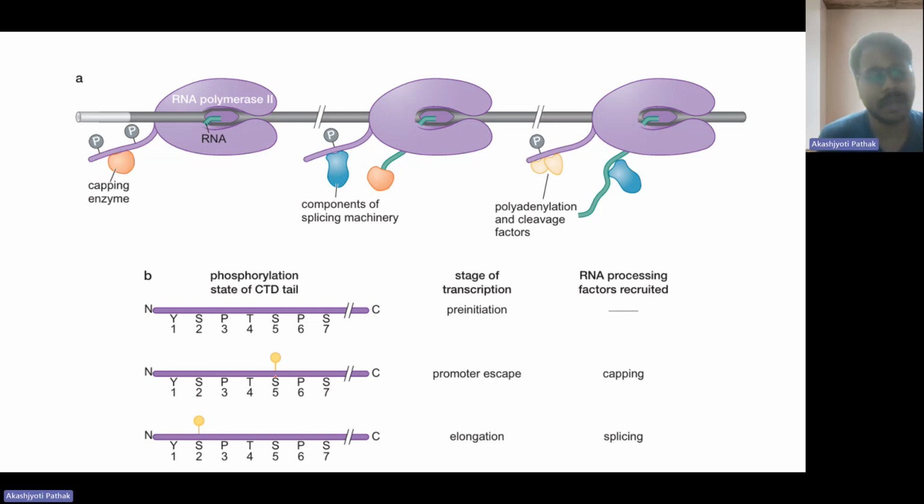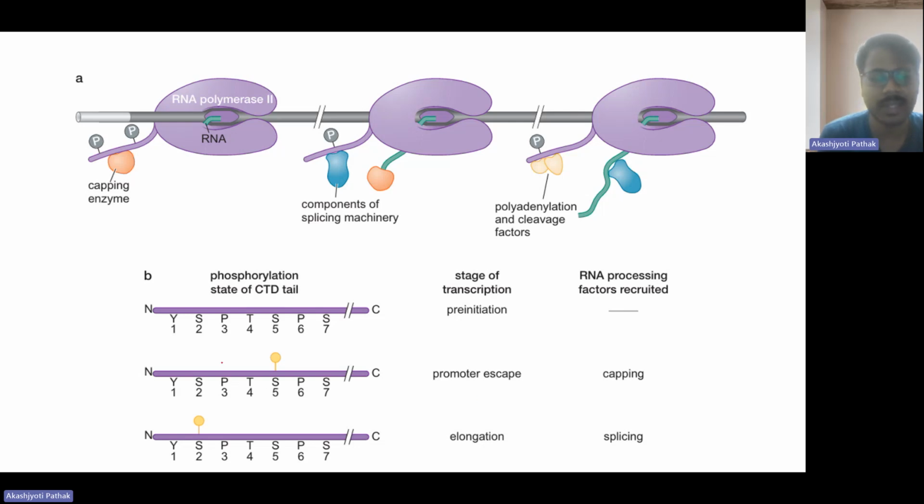Then in the next step, when the serine 2 is phosphorylated, the capping machinery will move off from this heptapeptide, and it acts as a signal for elongation.